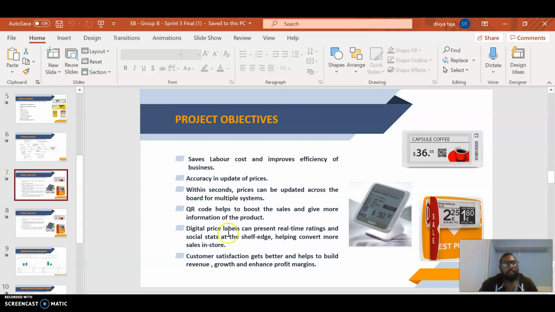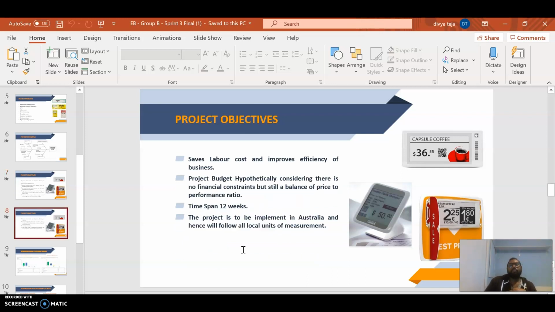Digital labels can help you change the price in real time, and give a lot of customer satisfaction, and there is a lot of chance to build revenue and growth of an industry. So this is the project objective.